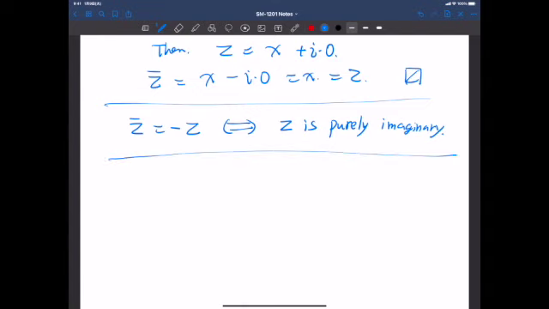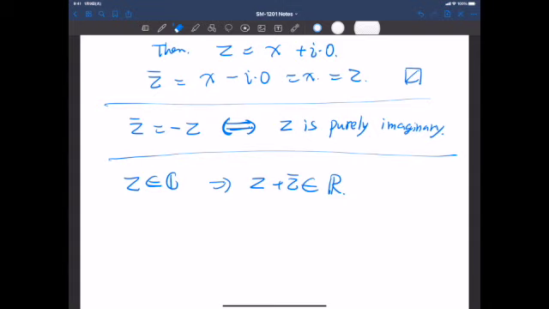Since this is if and only if, we have to prove both directions. And next, if z is a complex number, then z plus z bar is a real number, right? This should be easy, I hope. So this is another exercise.